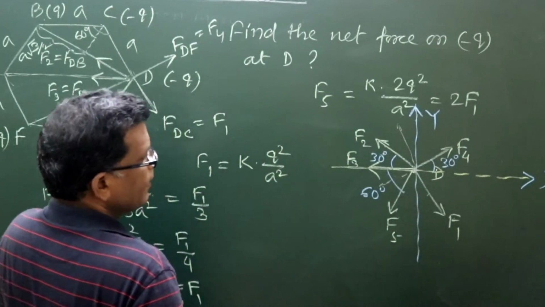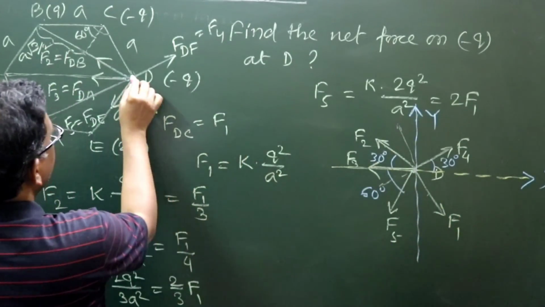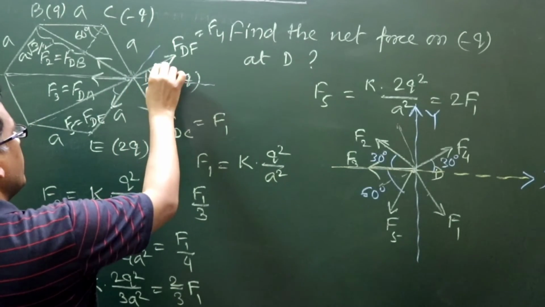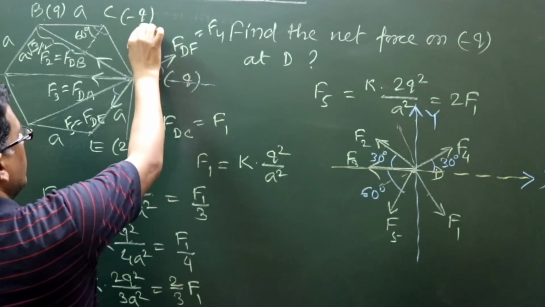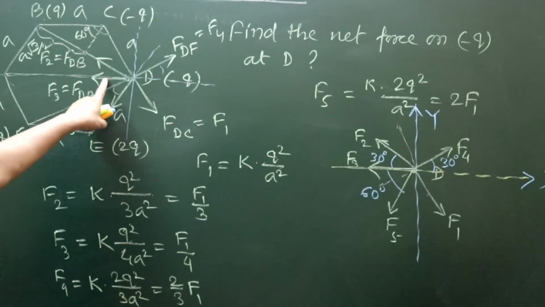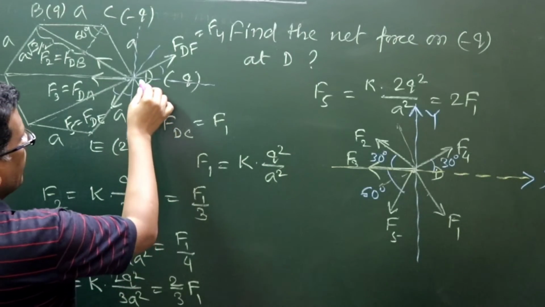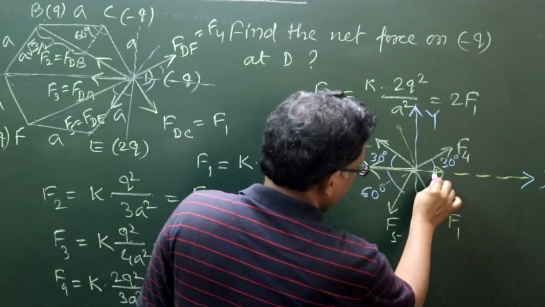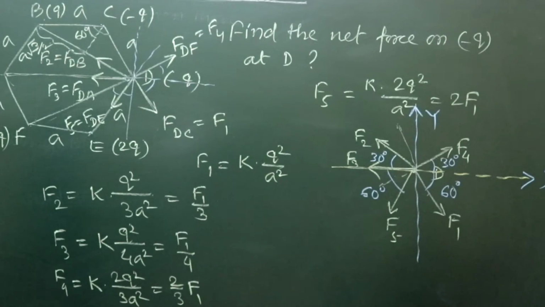Are you getting me? So if this is 30 degrees, just a minute, 60, 90, 30. So this one will be 30, this will be 60, and this will be 60 now. These are the angles we find for the vectors to be resolved.